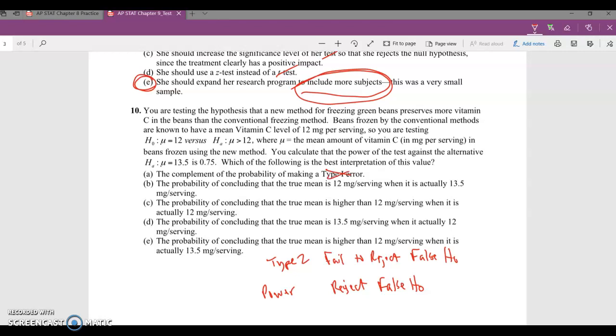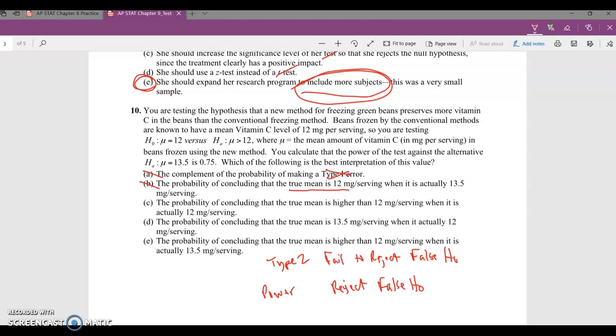The probability of concluding that the true mean is 12 milligrams when it's actually 13.5. Well, no, that would mean we made an error if we conclude that it's 12 when it's really 13.5. So, nope. Probability of concluding that the true mean is higher than 12 milligrams per serving when it's actually 12 milligrams per serving.